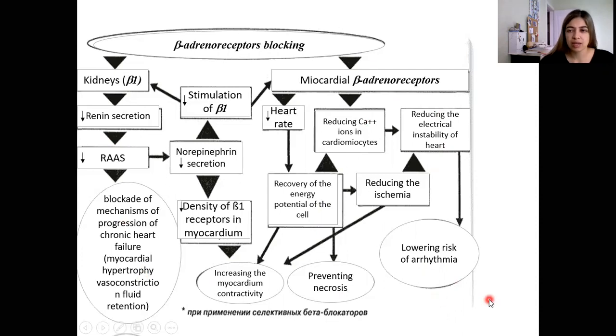So what can we say about this? All the drugs which we study in alpha and beta adrenoblocking, they are not only helping to reduce the blood pressure, they are also helping to prevent the destruction of the cells of the heart. So they are like security in our heart.